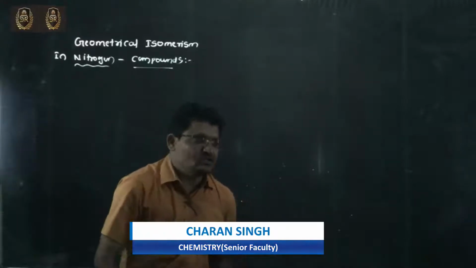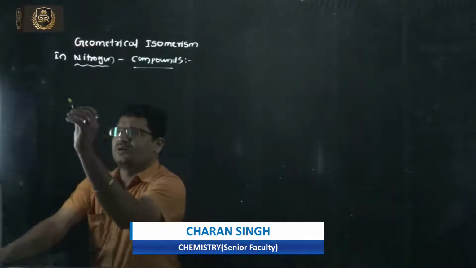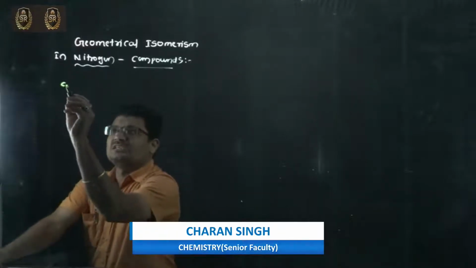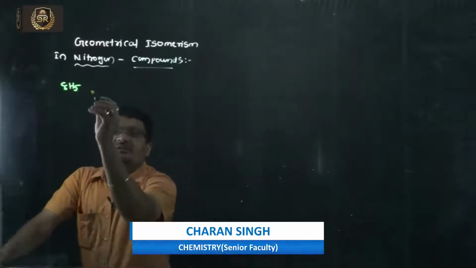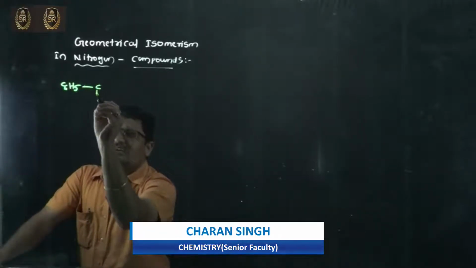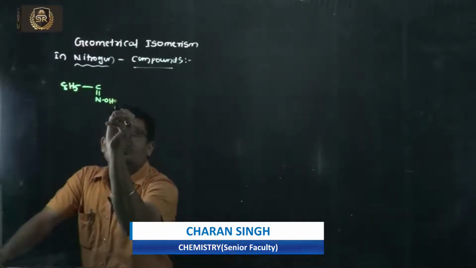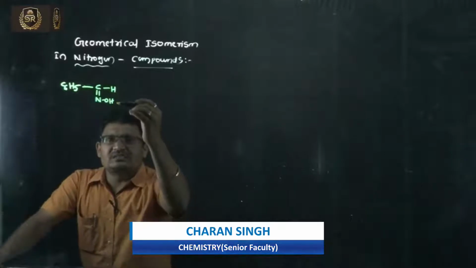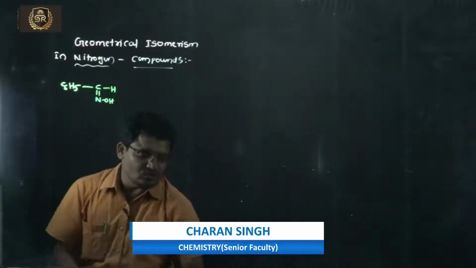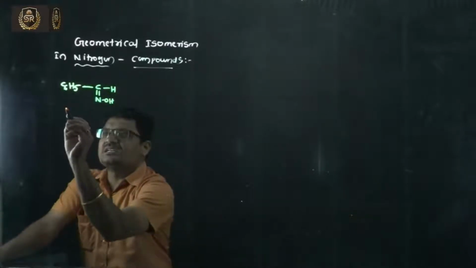Geometrical isomerism in nitrogen compounds means, for example, here C6H5, then C double bond NOH, and H. So this H and OH, which are both on the same side, are called syn.